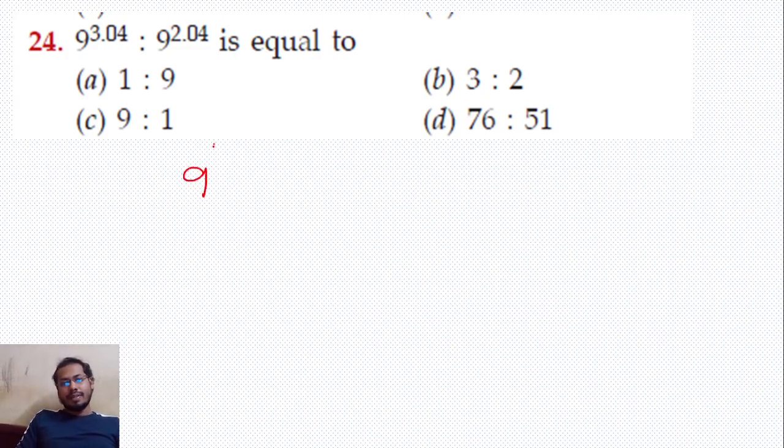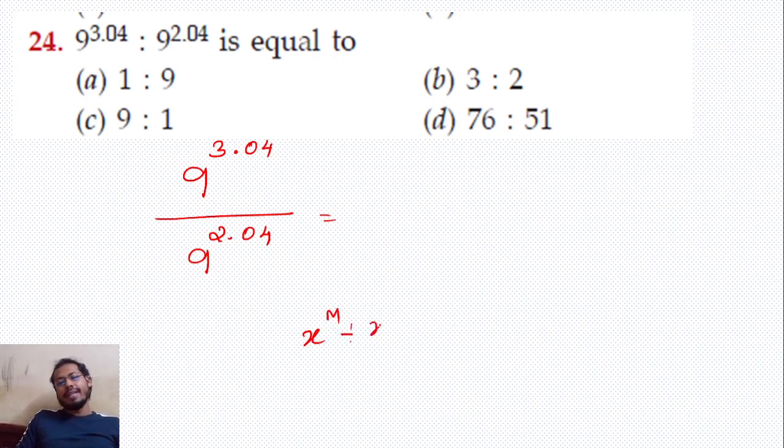Next, 9 power 3.04 over 9 power 2.04 is equal to, what is the ratio? According to surds and indices, exponents and roots, x power m divided by x power n is equal to x power m minus n, we have studied.